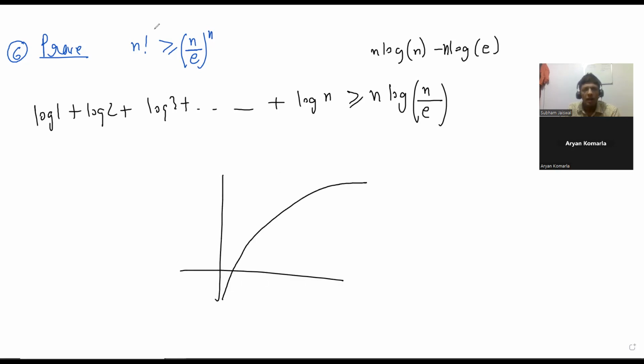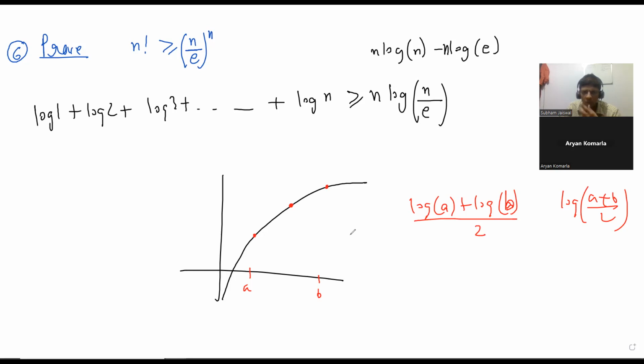This thing, and then let us say that there are 2 points A here and B. Then you take log a plus log b. Now, if I ask you to compare this by 2 with log of a plus b by 2, which is here, in the middle, which one is bigger?